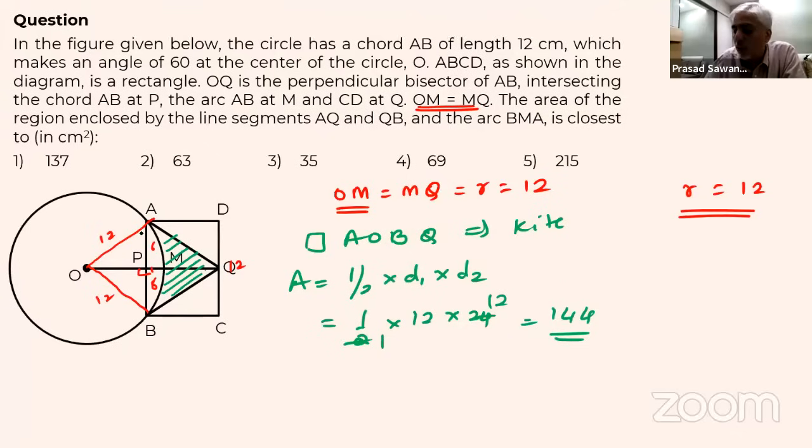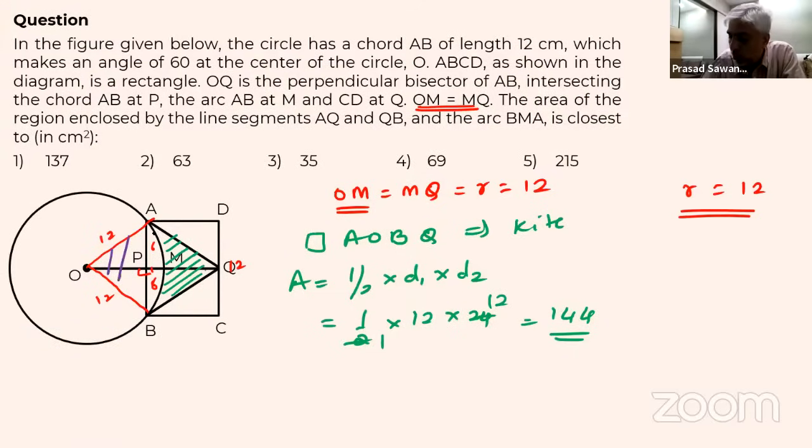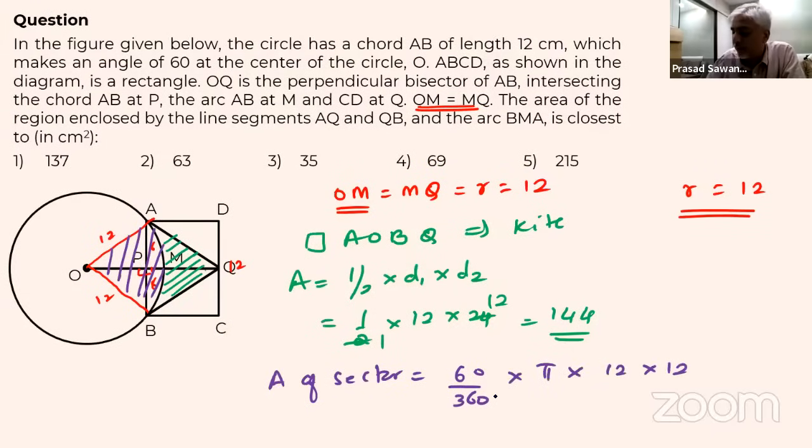Minus the area of the whole sector, AOB. Again, if you want, I'll just shade it with some other color. This is the whole sector I have to subtract. So area of sector, theta upon 360 into pi into r square, which is 24 pi.